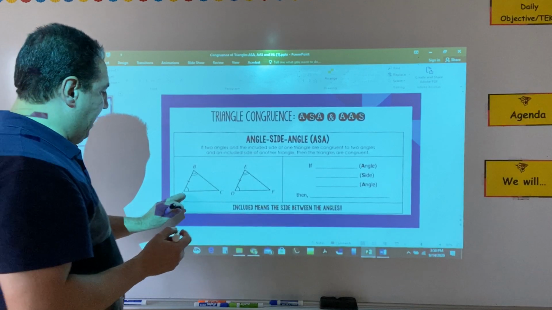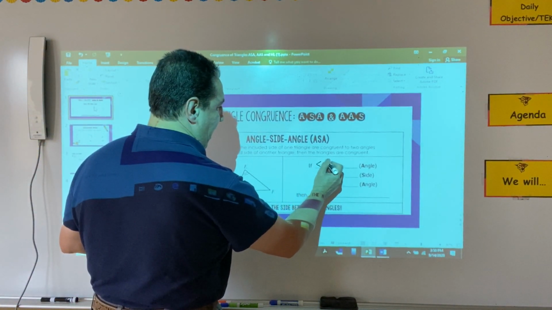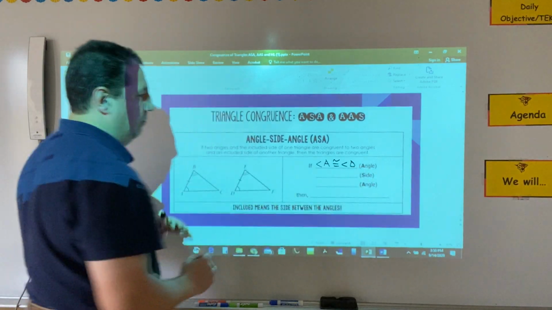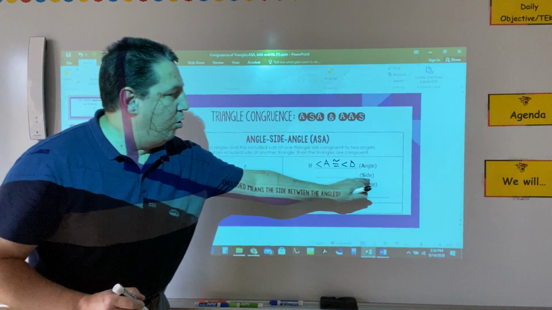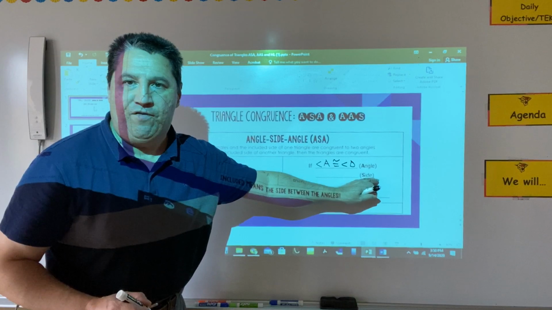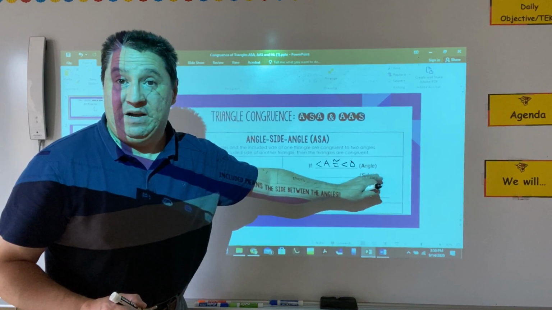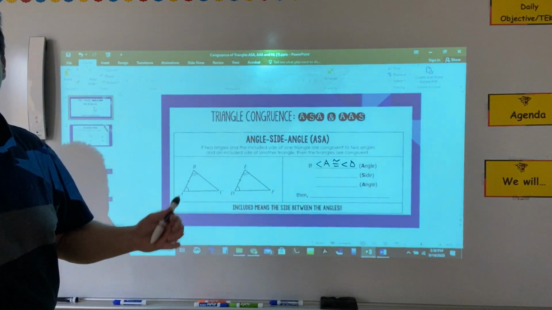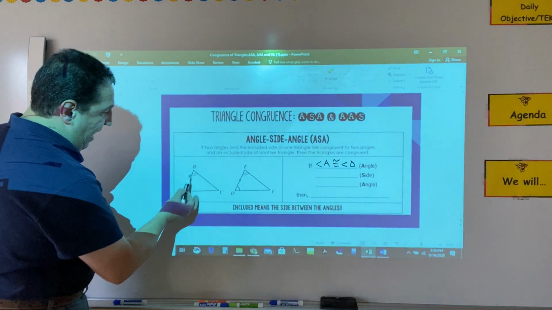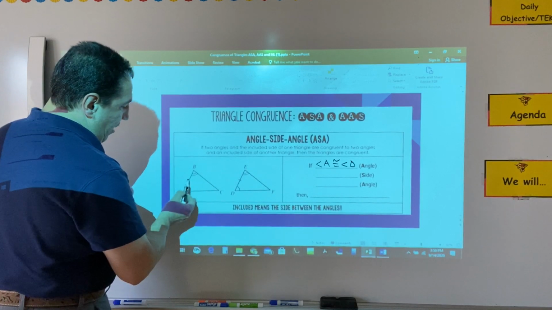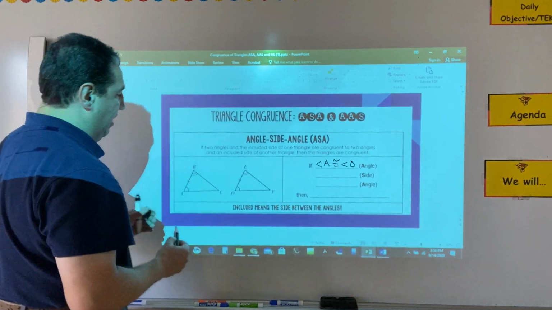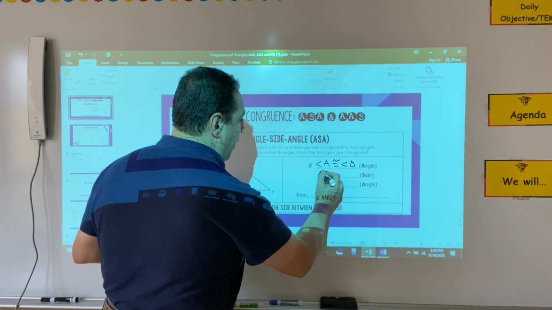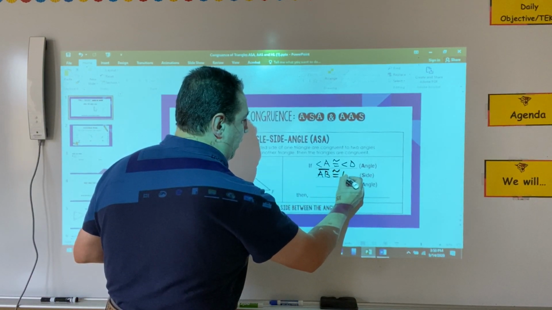So we can say angle A congruent angle D. Now we have to find a pair of corresponding sides that are congruent. What are these corresponding sides? They are AB and DE. Why? Because they have the same number of markings. So we say AB congruent DE.